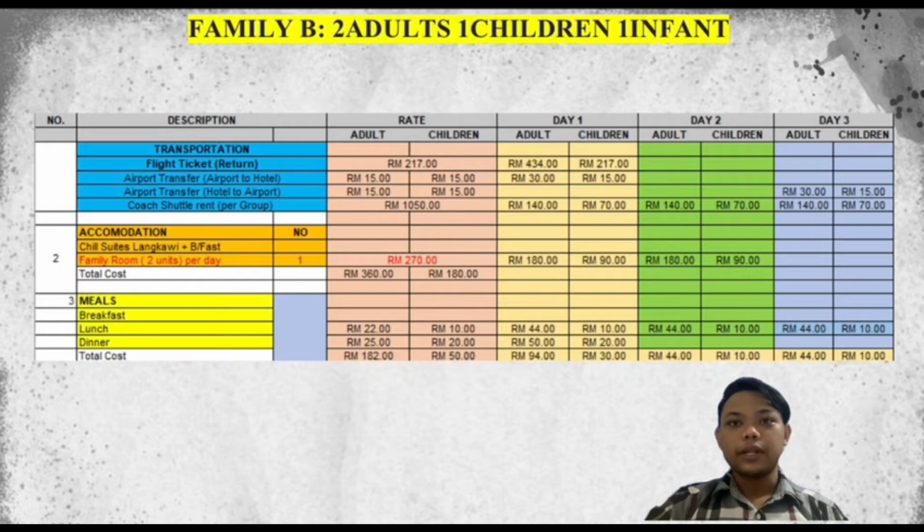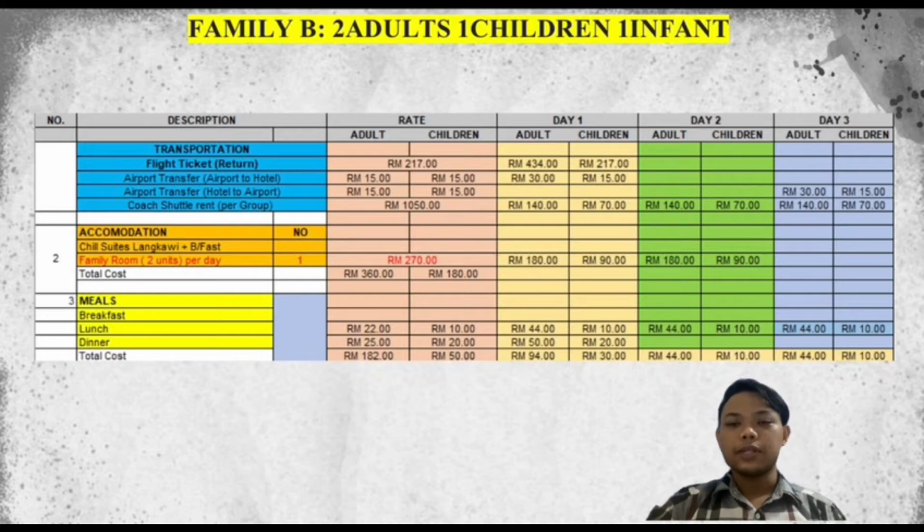And for the day 1, for adult it will take 30 ringgit, and for the children it will take 15 ringgit. For the airport transfer from hotel to airport, both of it still take 15 ringgit for adult and children. And for the coach shuttle rent per group, the rate is RM1,050.